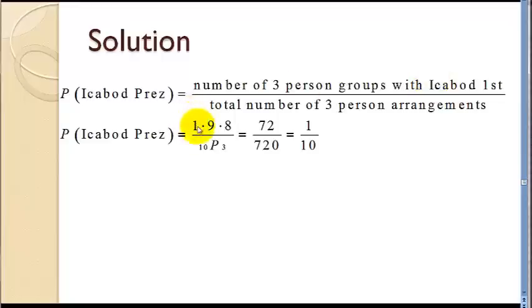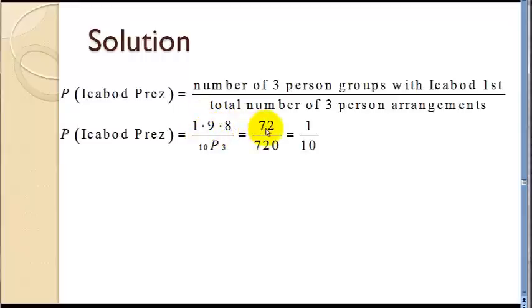So we're choosing Ichabod first. That's 1. And then that means there are 10 people left to choose from for the second position. And now we've got 2 people on the committee and 8 here. So we're using the multiplication counting principle here to figure out our number of successful outcomes.